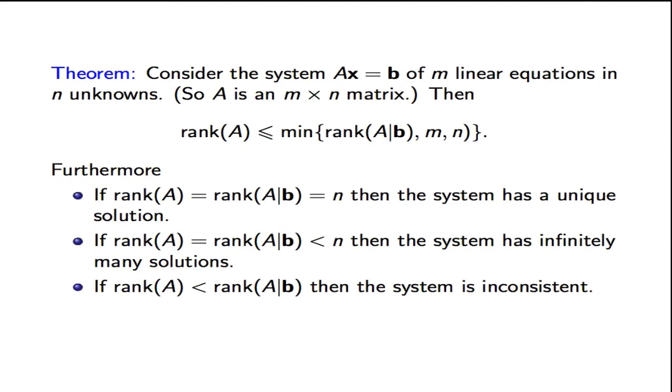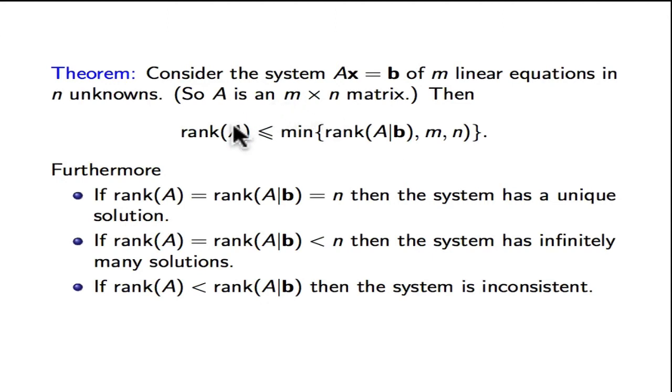Just convert both of them to row echelon forms using the same row operations. And then observe that for every row, if it's a non-zero row of A, then it's a non-zero row of the augmented matrix. But if it is a 0 row of A, then it might be a 0 row of the augmented matrix, or it might be a non-zero row. So the rank of A must be less than or equal to the rank of the augmented matrix.